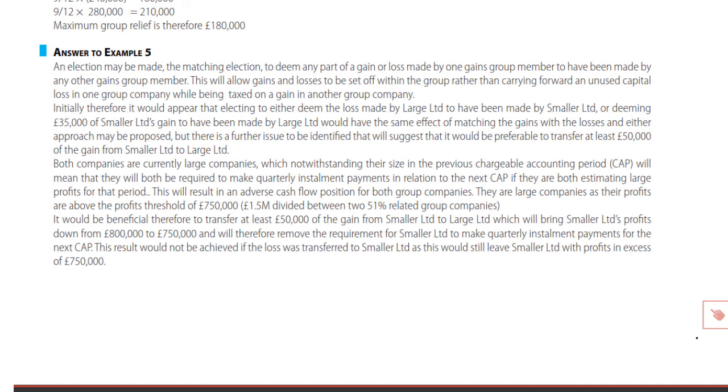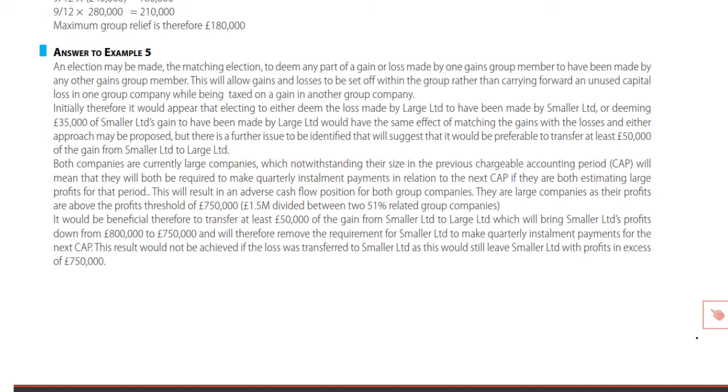You really don't want to be starting to pay your tax 7 months into the current accounting period. You want to be paying all of that tax 9 months and 1 day after the end of the period. So avoid quarterly instalment payments if you can.